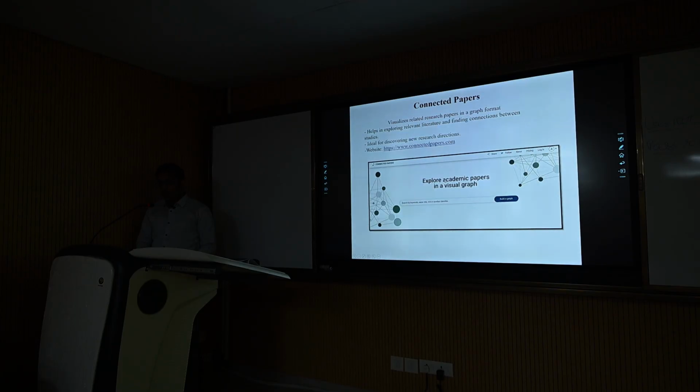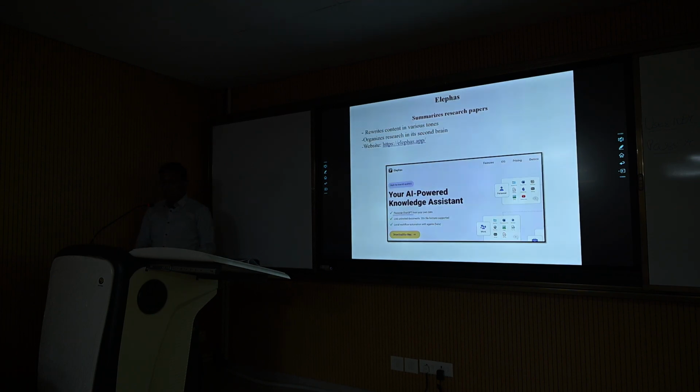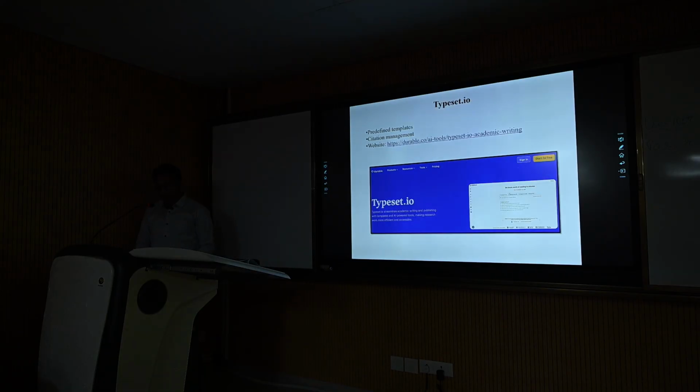Then there is Connected Papers. If we have 2 or 3 articles and upload them in this, we can find the related articles. Similarly, Research Rabbit. Then there are tools related to writing papers, which can correct your sentences and rephrase them.